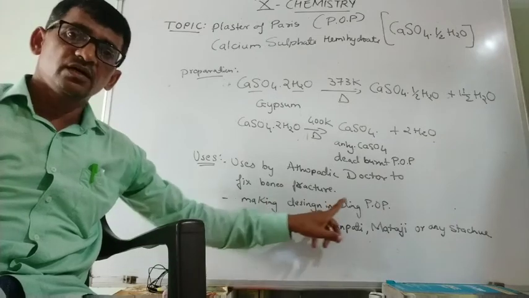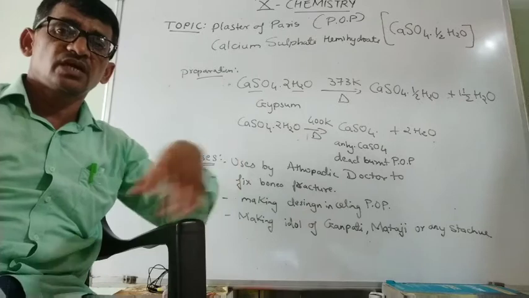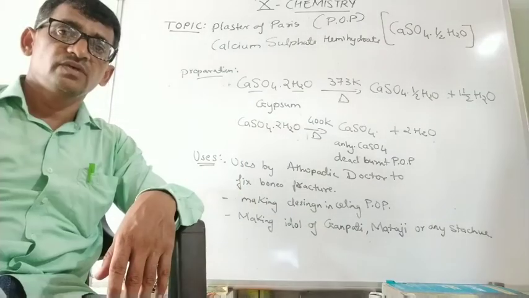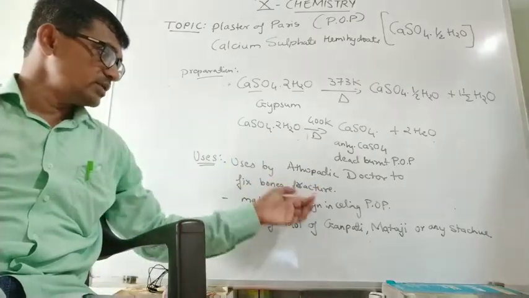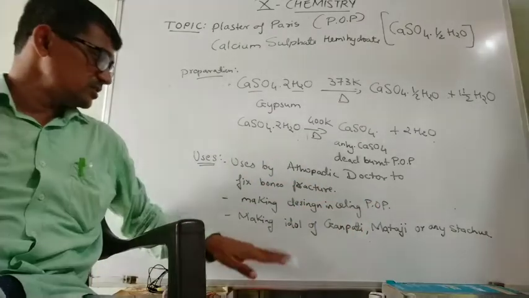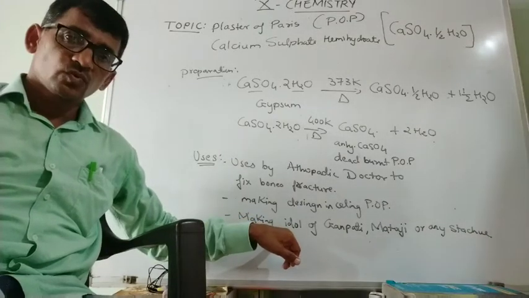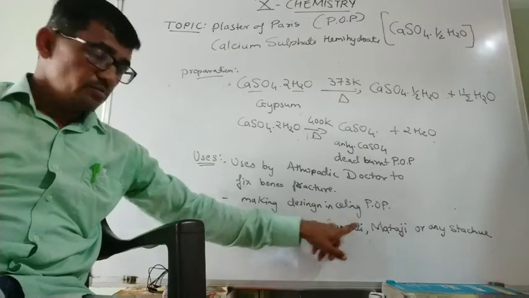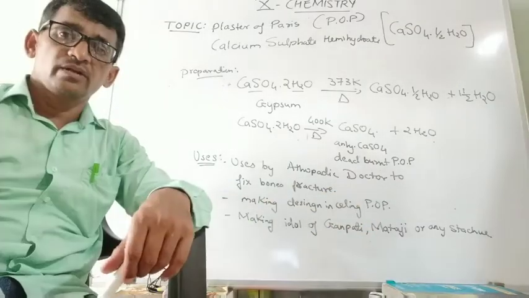Second use, making designs in the ceiling in our house and industries. POP sheets are available or POP designs we can make in our house, in the drawing room, bedroom, POP ceiling with different lighting design. Third use, in making idols or statues of Ganpati, Mataji or any other statue we want to prepare.